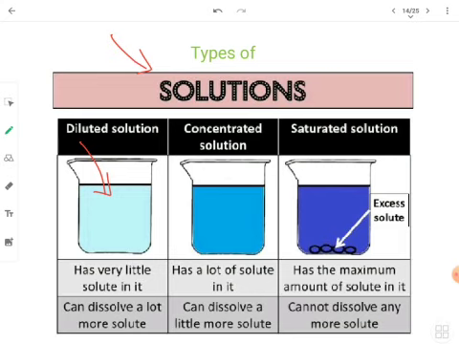But if you add more salt, you will notice that even that salt gets dissolved in it. So a point when it has a lot of salt in it, that is a concentrated solution. That means diluted is when you have a very little amount of solute. But if you add a lot of solute, then it is a concentrated solution.